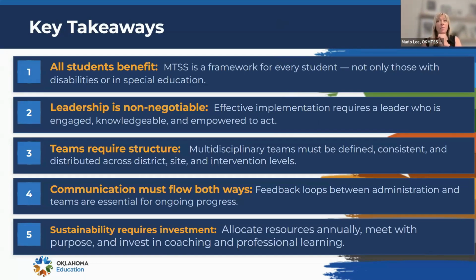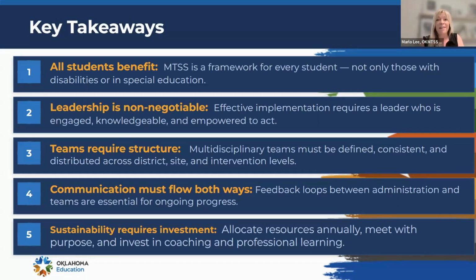Communication is huge. You have to have communication loops so that everyone is in the know about all the things. One way to get buy-in is to make sure everyone is in the know and involved. That might be sending out an MTSS newsletter monthly, or an email that goes out about MTSS implementation on a regular basis, so people know to look for it.